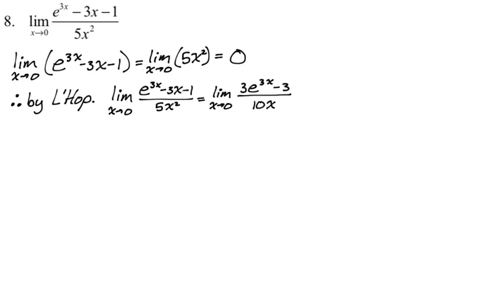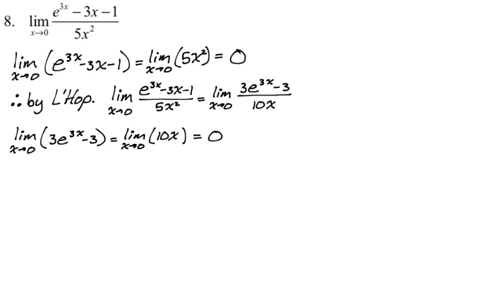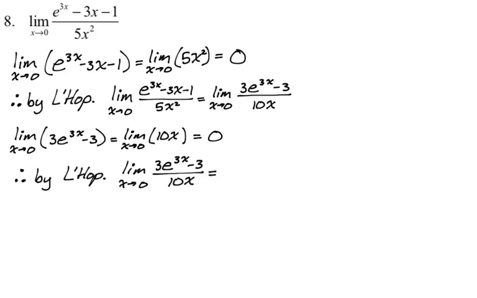So again, I would write this: limit as x approaches 0 of the numerator equals limit as x approaches 0 of the denominator, and they both equal 0. Therefore, by L'Hopital's rule, this limit is equal to the limit as x approaches 0 of derivative of the numerator, 9e to the 3x, over derivative of the denominator, 10. And then we sub in and we get 9 over 10. So our answer here is 9 over 10.